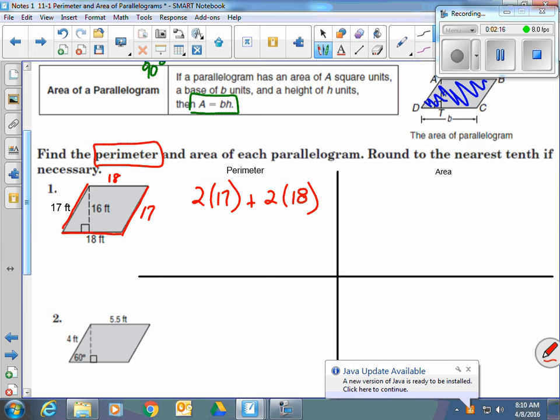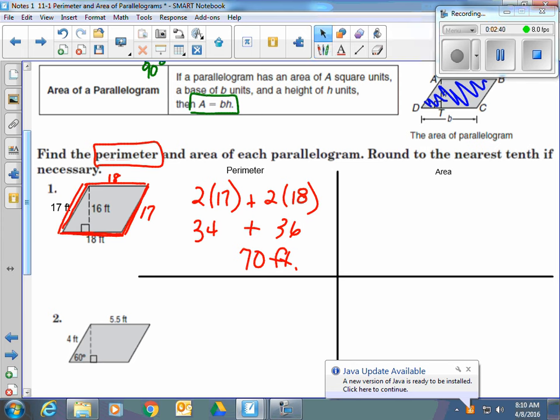So 2 times 17 is 34, and 2 times 18 is 36. Together, that gives me 70 feet. That's just all the way around, like if I were making a fence around a yard.